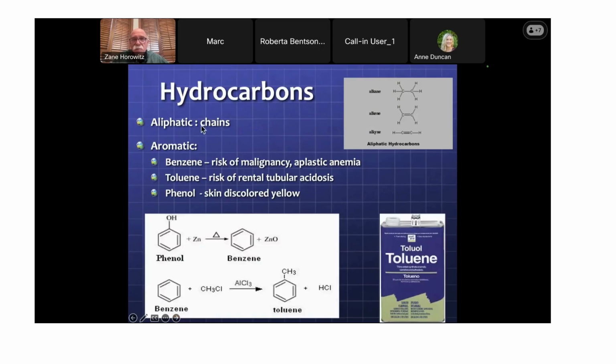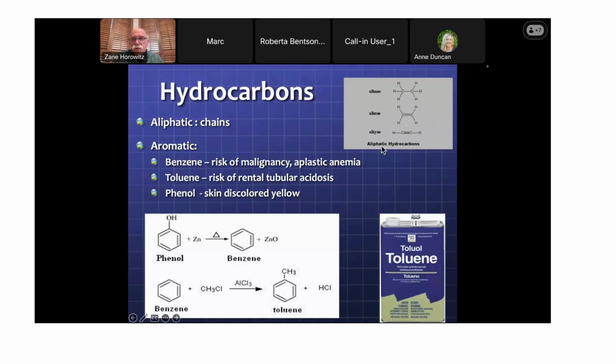And then depending on the bond between the carbons, it could be an alkane with a single bond, an alkene with a double bond, and an alkyne with a triple bond between carbons. And the longer they get, the less likely they are to be gases or liquids. Once you get up around a length of about 12 carbons, they're usually waxes, pastes, and paraffins, and harder to swallow.